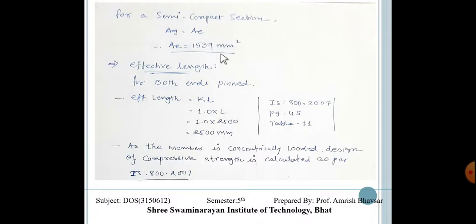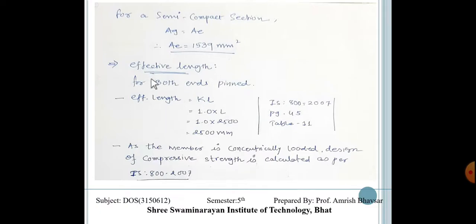So first the effective area is calculated. Now the second thing, that is FCD. For the calculation of FCD, we have to take page number 34, and we have equations over there. For that we must find out the KL, meaning effective length, and for the effective length we have to take equations for the different end conditions, which is given on page number 45 of IS 800.